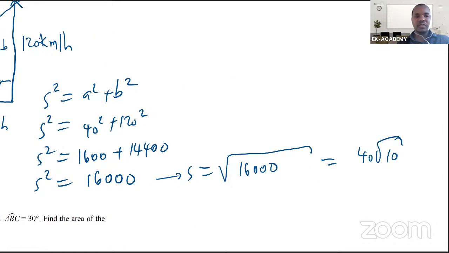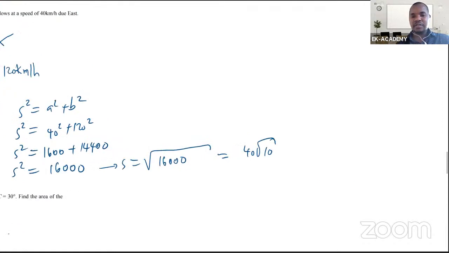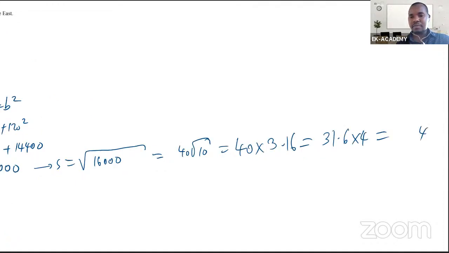And we are told that the square root of 10 is 3.16. So we are going to say it is 40 times 3.16. You get 3.16 times 4, 6 times 4 is 24, 1 times 4, 4 plus 2, get 6. It is 12.64. So 126.4 kilometers per hour.